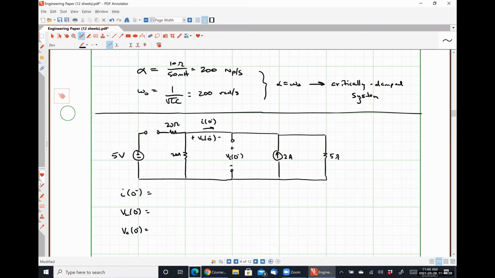Yeah, so you're saying you did a source transformation here, so you had 10 volts in series with 5, in series with 20. So that's valid, but you didn't do the voltage division necessary to give you the correct answer.